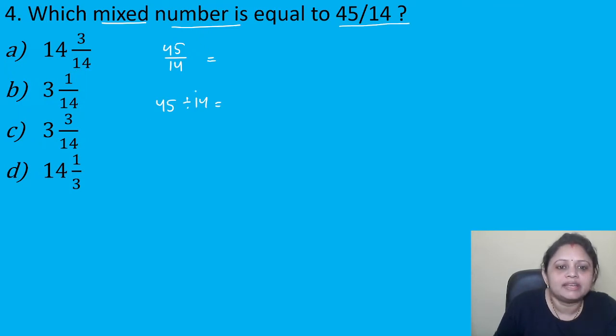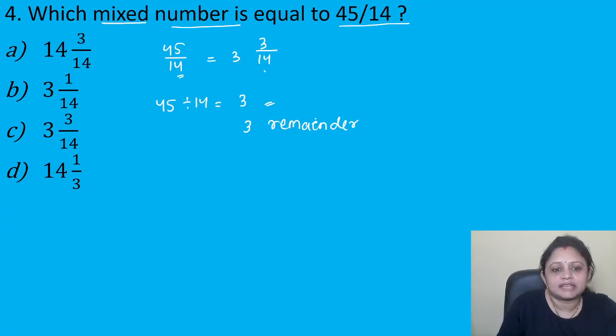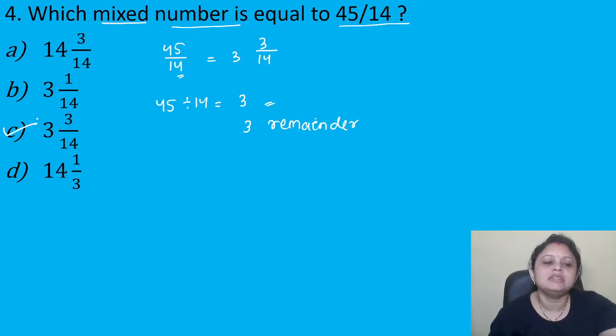When we divide it, 3 is the quotient, and of course 3 is also the remainder. 14 times 3 is 42, and 45 minus 42 is 3. So the remainder goes in the numerator and the denominator remains as such. So 3 whole 3 by 14.